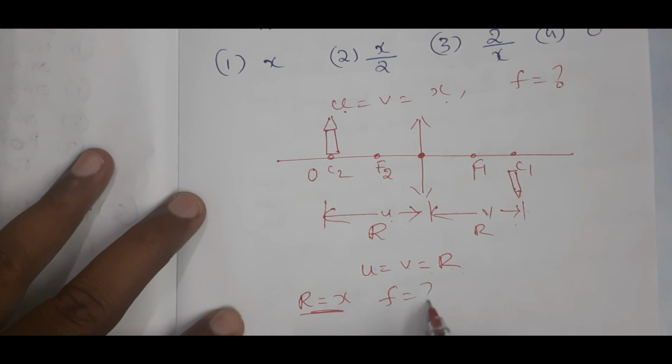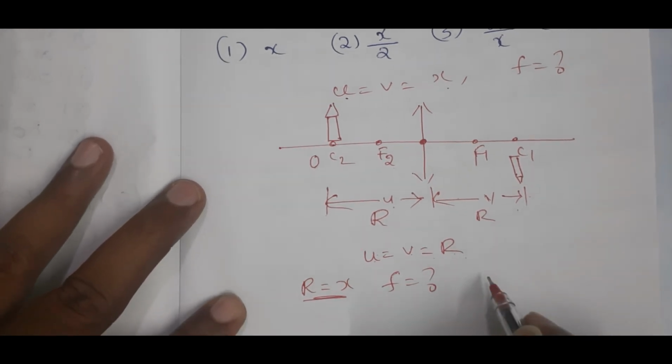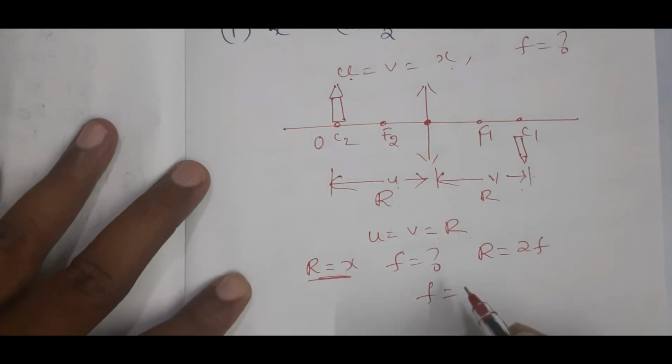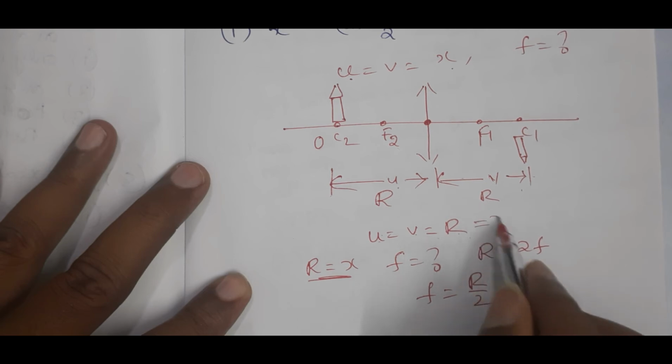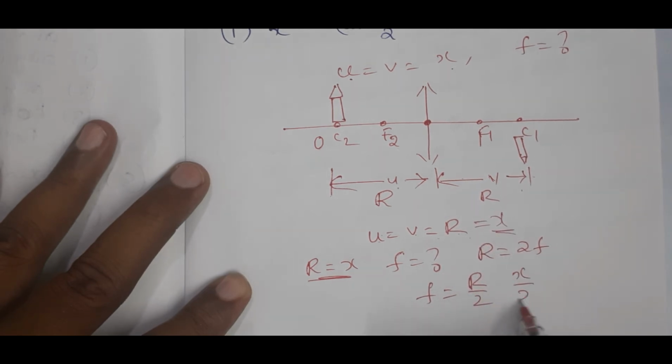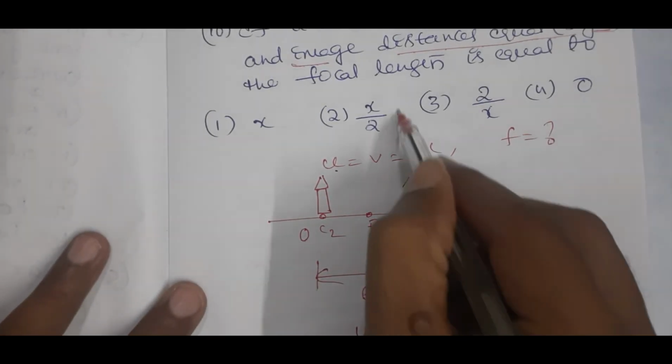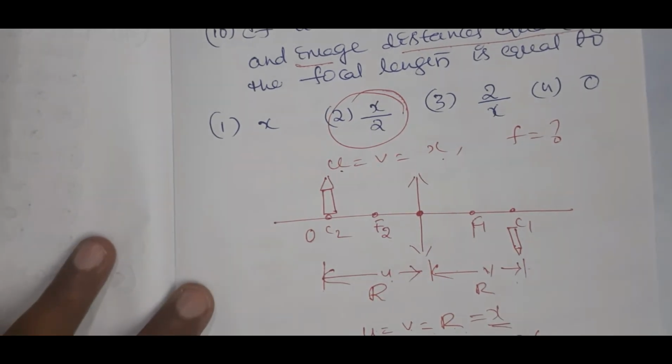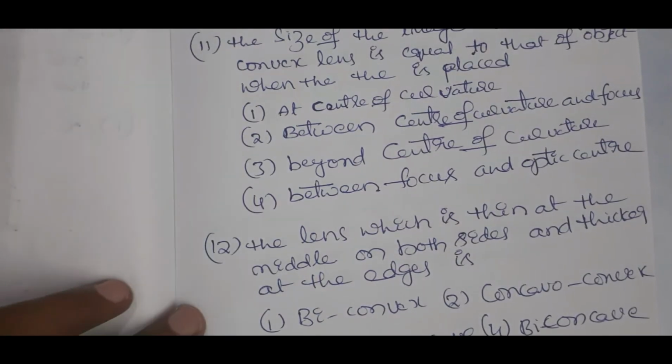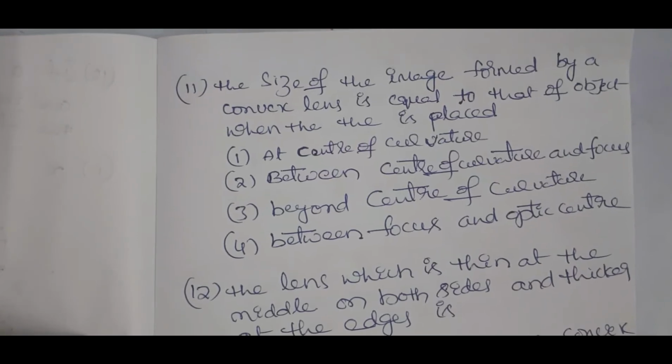Then what is the focal length? You know the relation between radius and focal length: radius is equal to 2 times the focal length, so focal length is half of the radius. Since it is given as x, it is x by 2. So the option is x by 2.